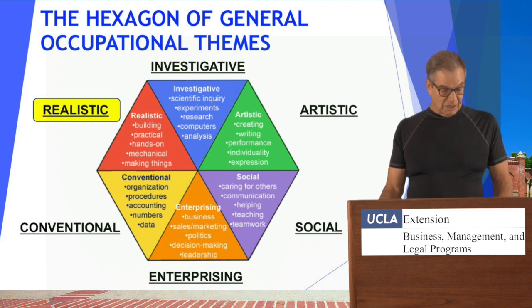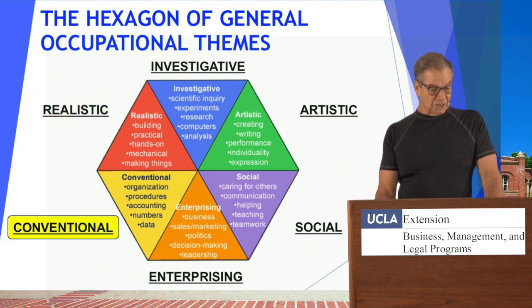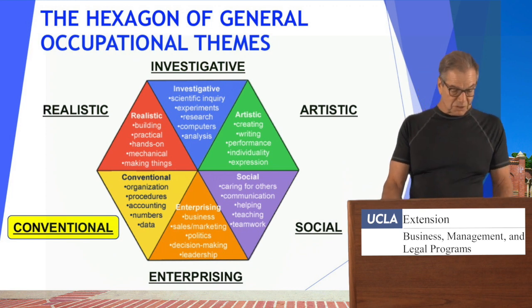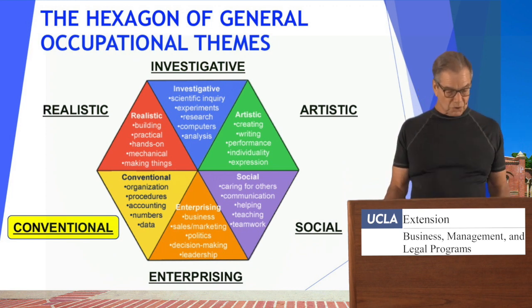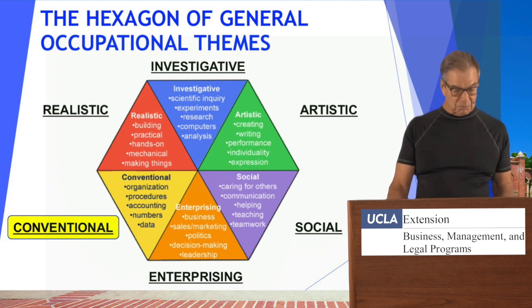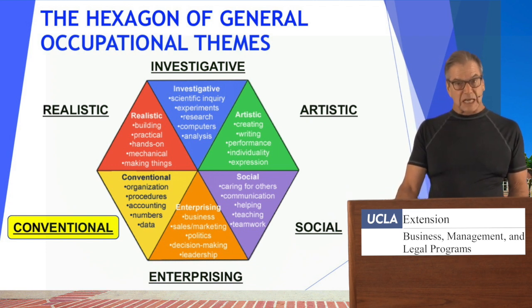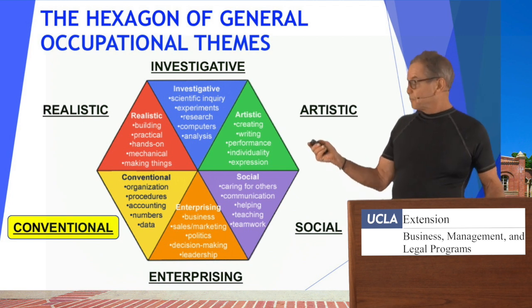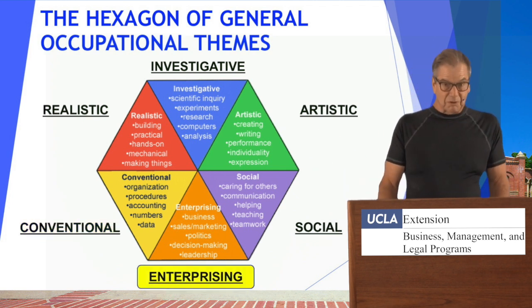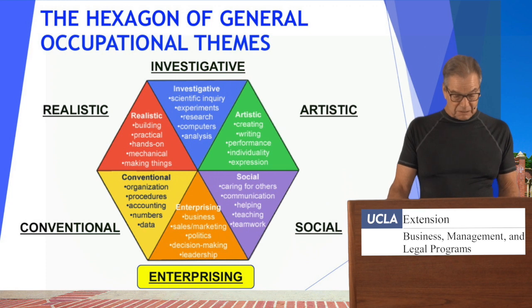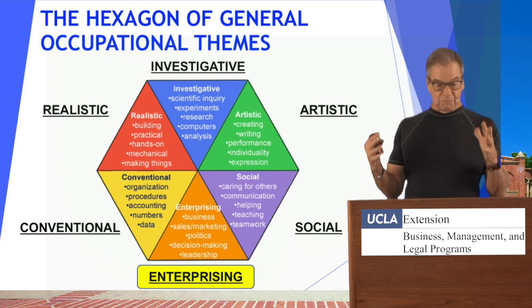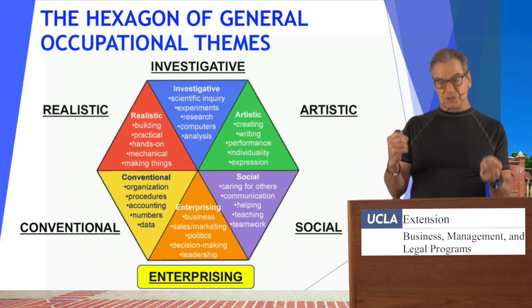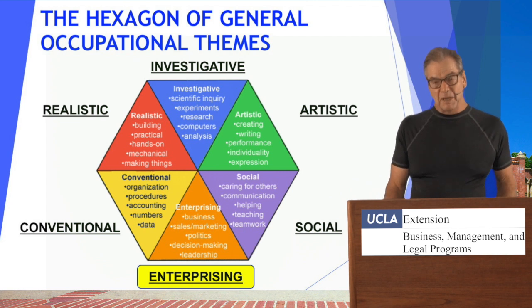making things. The next theme is the conventional, and conventional people prefer very structured, organized environments, doing accounting, bookkeeping, numbers, dates, that kind of stuff. Enterprising people are business people, public speaking type people, politics type people, decision-making type people, people who enjoy engaging firsthand, making things happen.